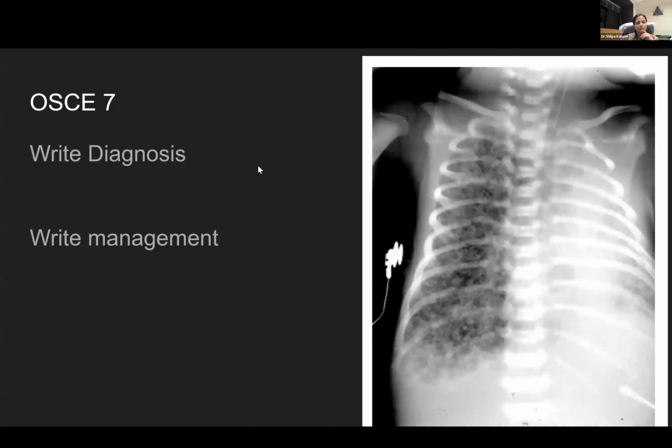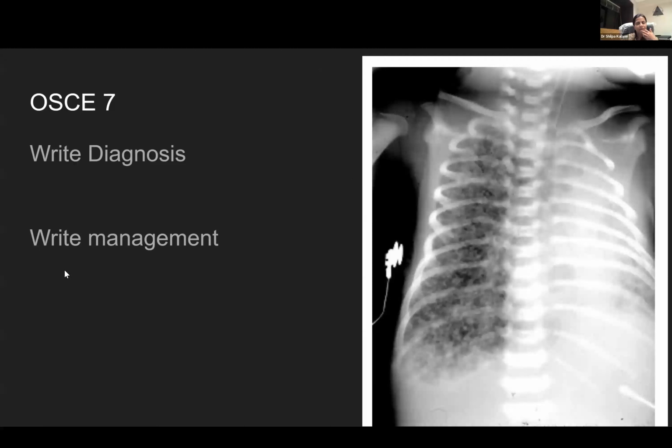Write the diagnosis and write management as well. What is the diagnosis? PIE, BPD, PIE, PIE. PIE.